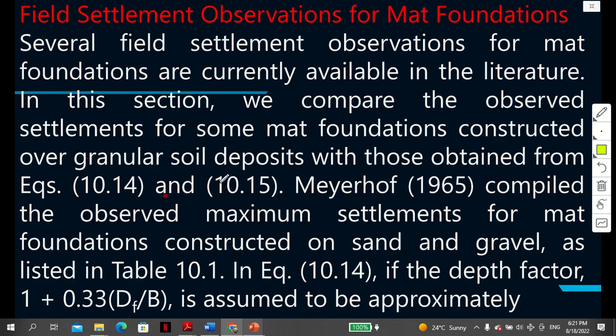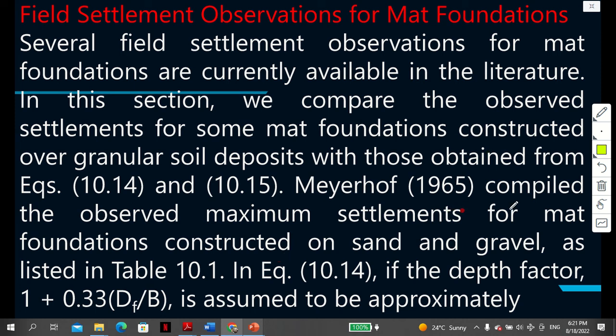Several field settlement observations for mat foundations are currently available in literature. In this section, we compare the observed settlements for some mat foundations constructed. The equations that we talked about, equations 10.14, 10.15, these equations here. I think we have already seen the equations about the settlement, the QNet.